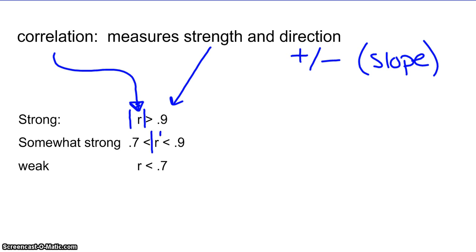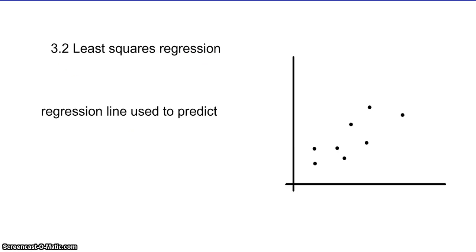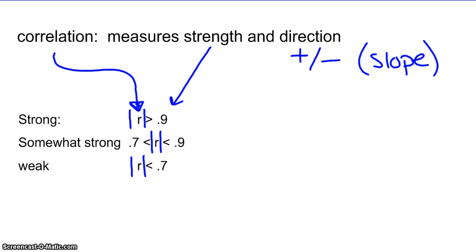When it's somewhere between 0.7 and 0.9, we're going to call it somewhat strong. And when it's less than 0.7, it's going to be a weak relationship. And we'll talk about why we cut it off there when we get to r squared. So there are those rules again for correlation, but number one, remember it's between -1 and +1, inclusive. All right, and that does it for section 1.